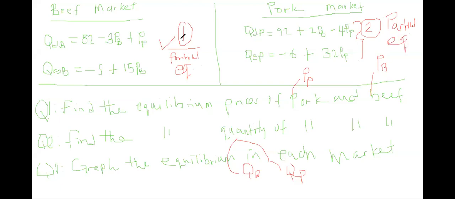Step 3 will be what? You bring the partial equilibrium from each of the markets and solve the general equilibrium. So this is how we are going to solve this. Let's go to the next slide and look at the beef market in isolation. Let's focus on the beef market first.